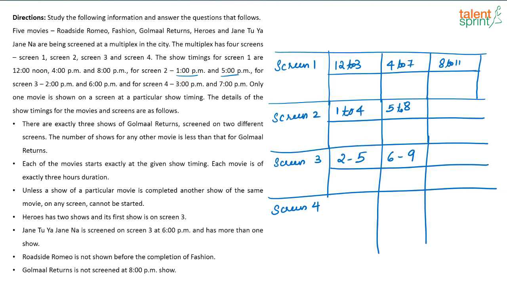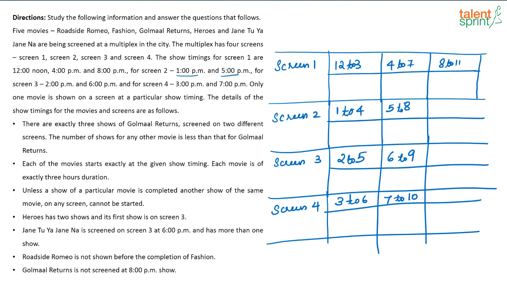Now, screen 4. When are the screen 4 show timings? 3 p.m. and 7 p.m. So one is 3 to 6 and the other is 7 to 10. So these are the show timings. That is what we understand.